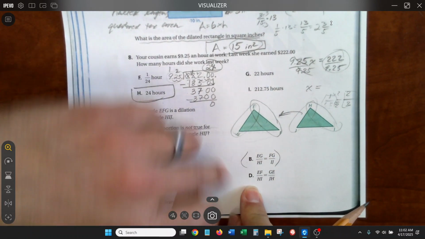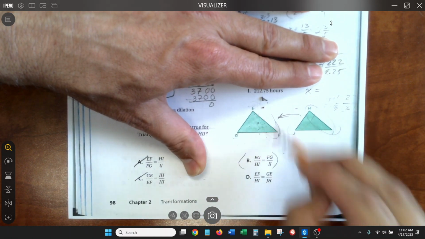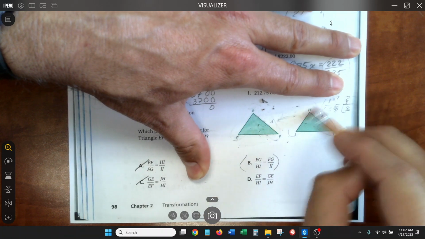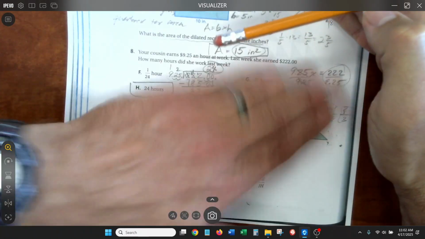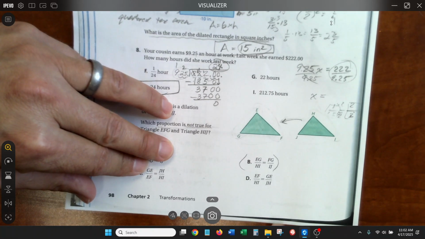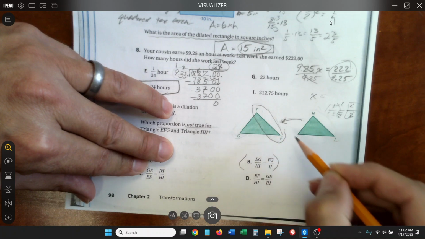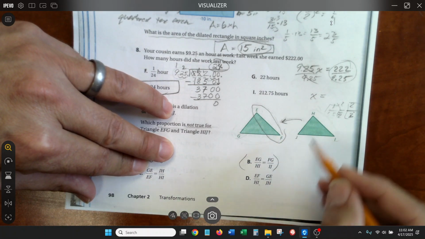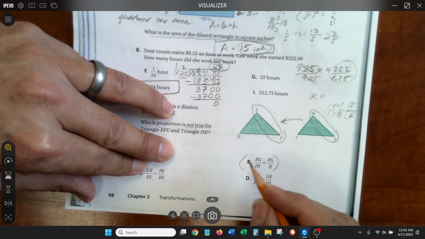And then finally, answer choice D. Here we go again. Alright, that's the dilation. If we compare EF, so that's right side of large, to HI, that's right side of small, so those are corresponding.